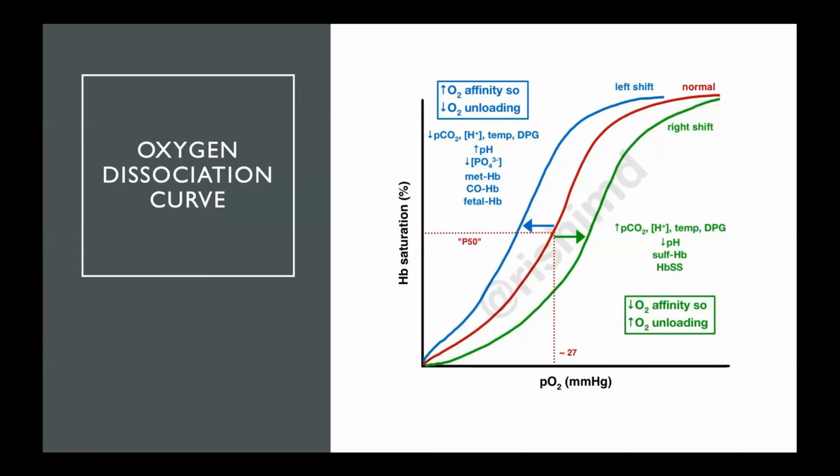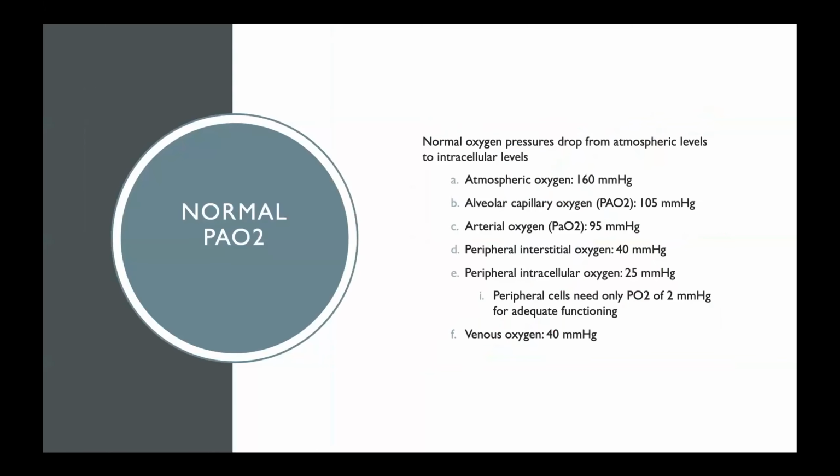We must be familiar with this oxygenation curve, the sigmoid curve. You can see how oxygen loading and unloading happens. All of it depends on this. So normal oxygen pressure drops from the atmospheric level to the intracellular level. Atmospheric oxygen is 160 mmHg.